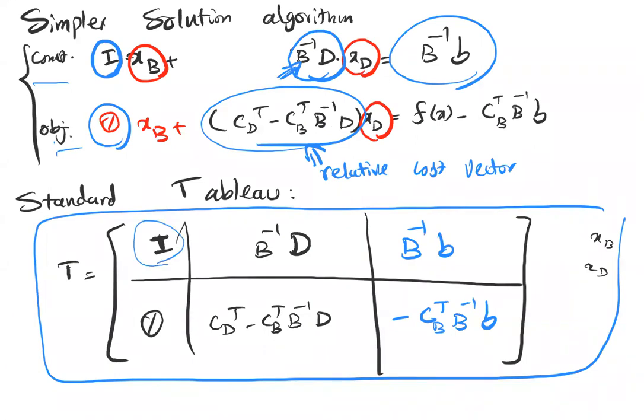This part refers to xb or the base variables. This part refers to x sub d or non-basic variables. And this part refers to the right-hand side of these equations. So you simply can create the Tableau for the simplex algorithm.